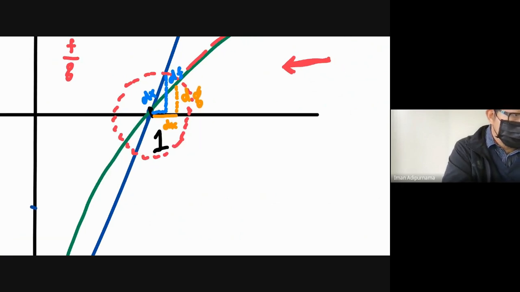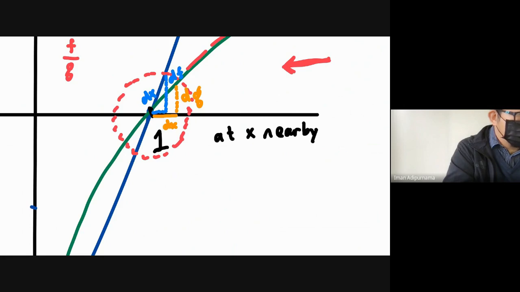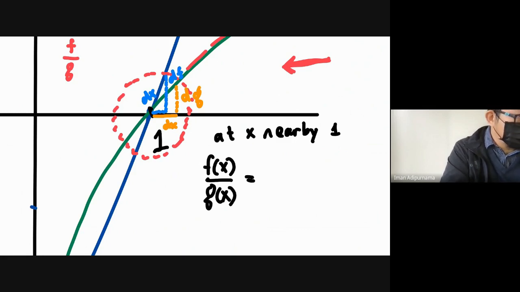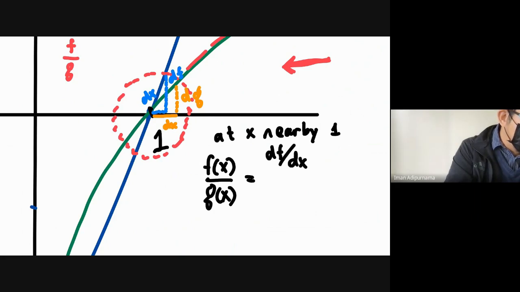So from here, we can actually say that, let me write, at x nearby 1, f of x over g of x, if you look at the graph, looks like it will be the slope of f and the slope of g.